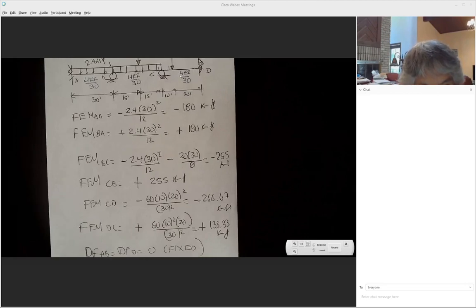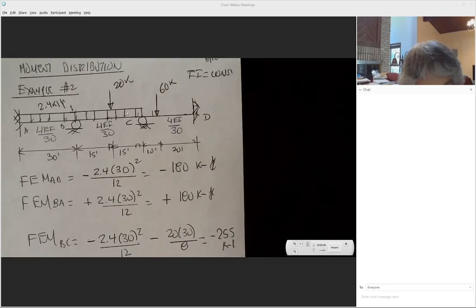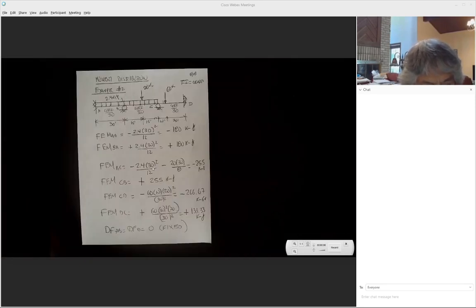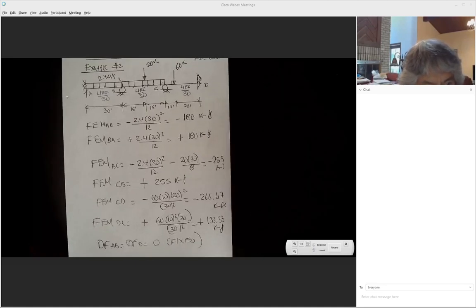The one closer to the support is going to be the largest moment. And the one on the right hand side is P A squared B over L squared. And at the fixed support, it is 0 and 0.